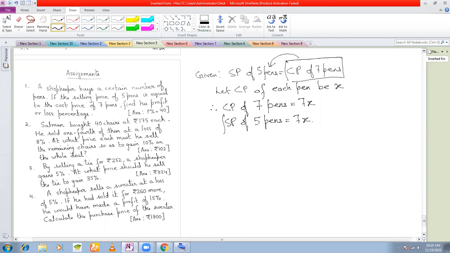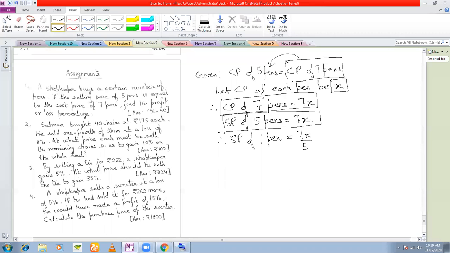So what is the selling price of 1 pen? If the selling price of 5 pens is 7X, the selling price of 1 pen is 7X by 5.